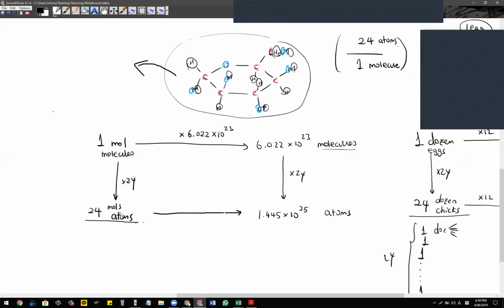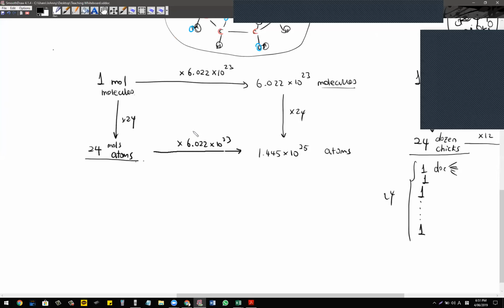And then because we have 24 moles of atoms, but each mole is that much, you times it by 6.022 times by 10 to the power 23. Then you get the number of atoms. Does that make sense to you? So you can go this way or this way. It doesn't really matter. So I'll show you the exact mechanism behind all this.